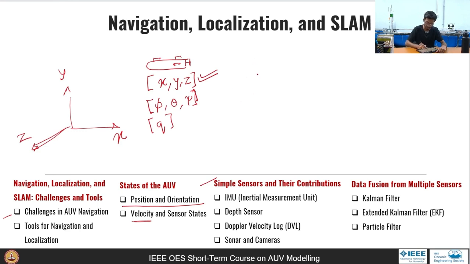An IMU sensor will allow the AUV to get its orientation as well as linear accelerations along with that the angular rates.